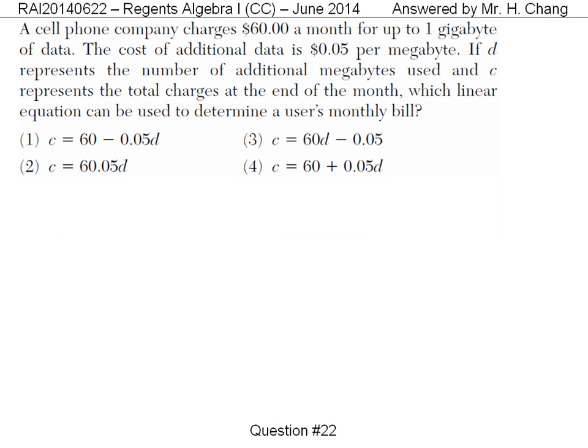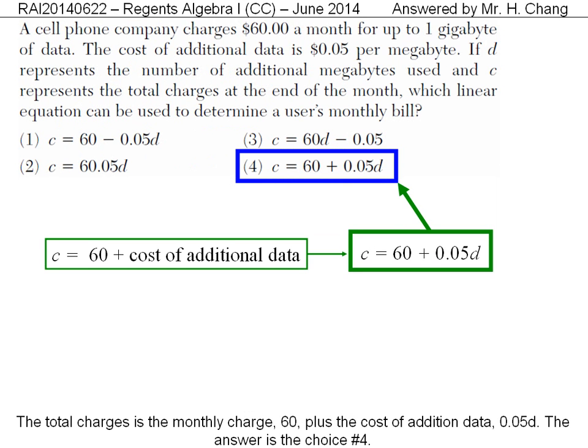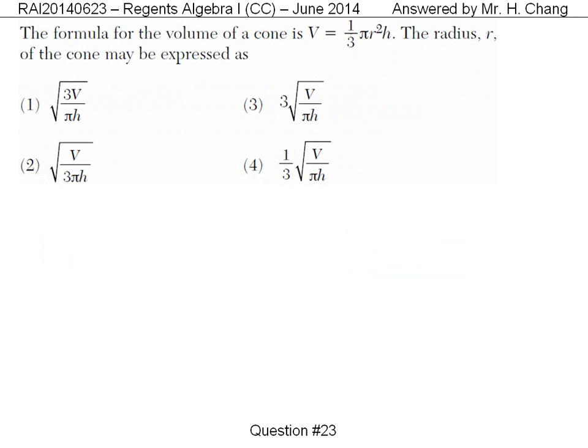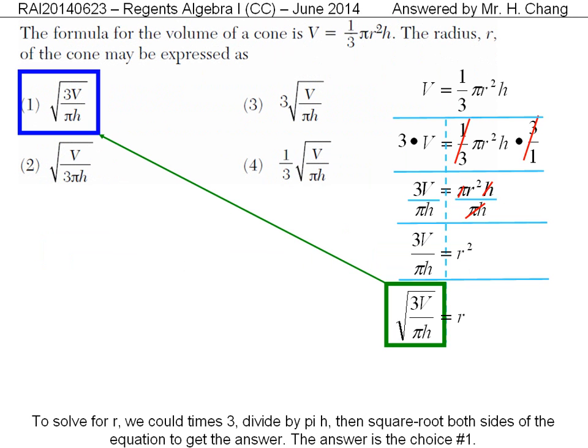Question number 22. The total charge is the monthly charge of 60 plus the cost of additional data, 0.05 D. The answer is choice number 4. Question number 23. To solve for r, we could multiply by 3, divide by pi h, then take the square root of both sides of the equation to get the answer.